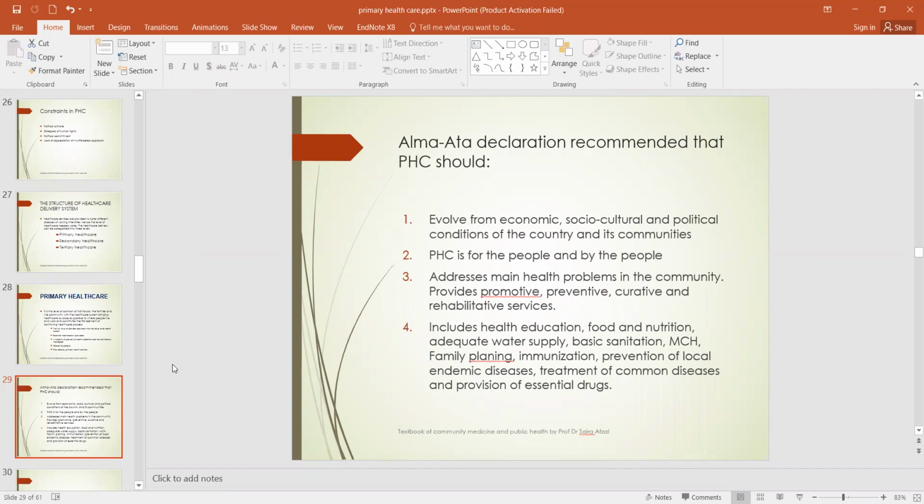Primary health care is for the people and by the people, addresses main health problems in the community, and it must provide promotive, preventive, curative, and rehabilitative services, including health education, food and nutrition, adequate water supply, basic sanitation, maternal and child health, family planning, immunization, prevention of local endemic disease, treatment of common diseases, and provision of essential drugs.